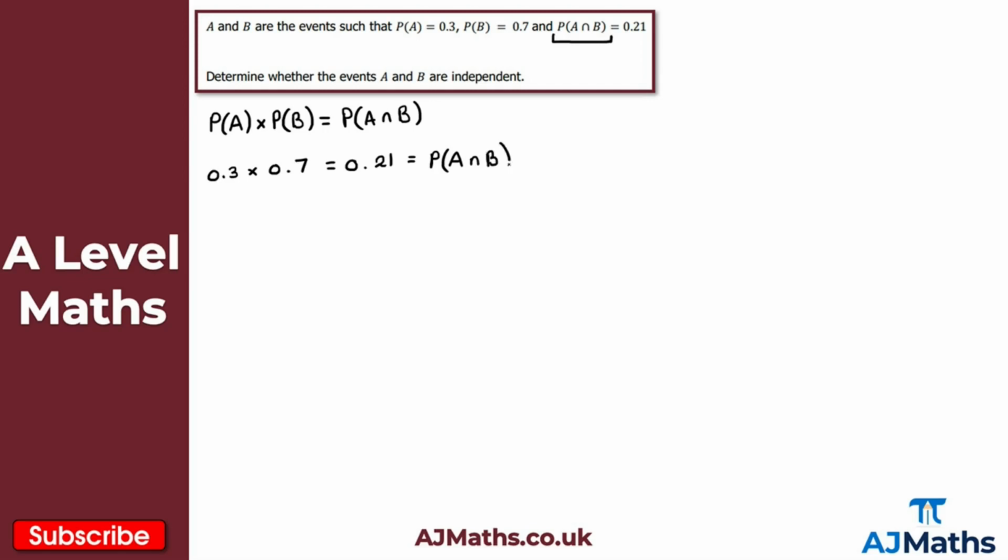So that is equal to the probability of the intersection of A and B. Therefore, A and B are independent. And there we have it, that's the solution to question 1.